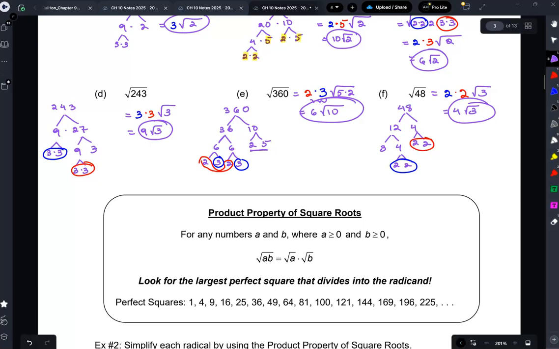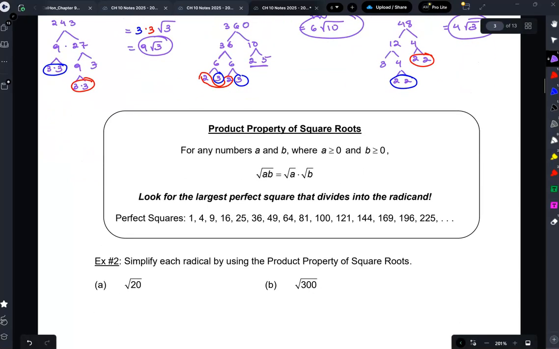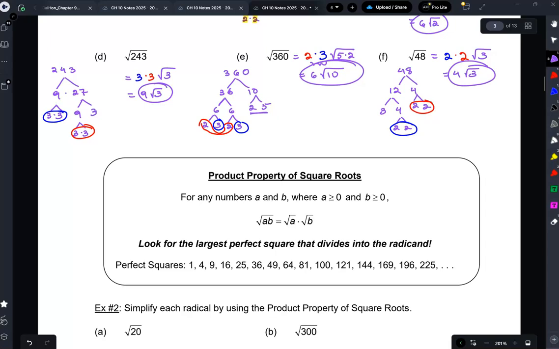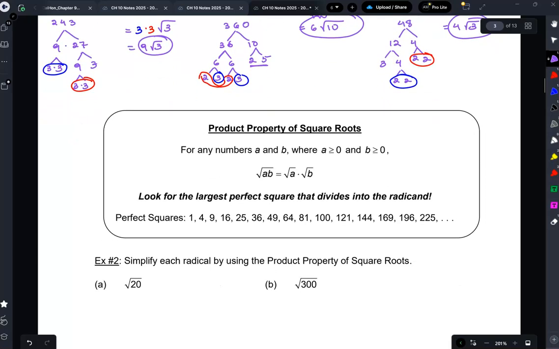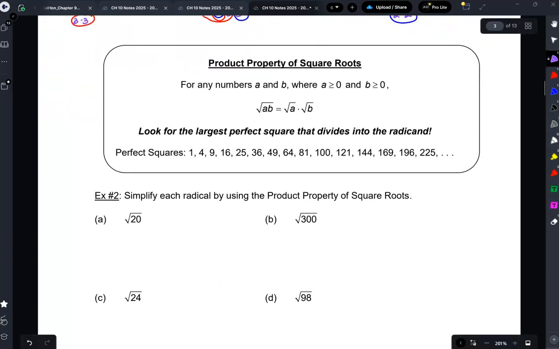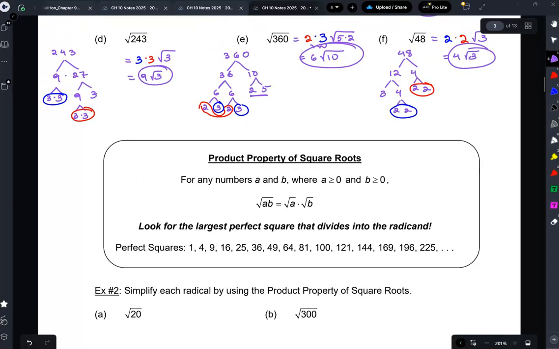Okay. Now, there is another way to do this, and it can be a little bit of a shortcut. Okay? Let's do root 48.